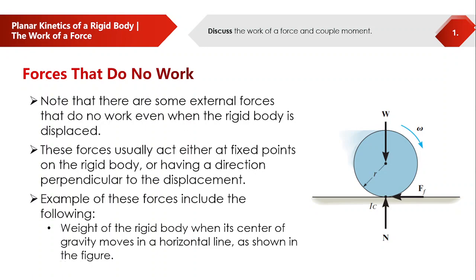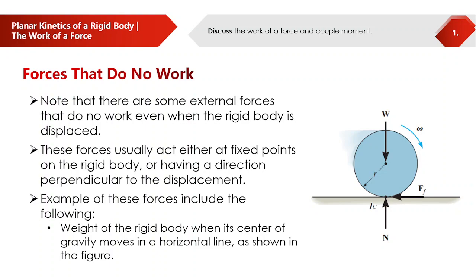Meron talagang external forces na walang work kahit nag-displace pa yung body mo. Now, these forces usually act either at a fixed point on the rigid body or having a direction perpendicular to the displacement. Kasi nga, cosine theta, if your theta is 90, that will be cosine 90, so that will be 0. So, wala kang work.